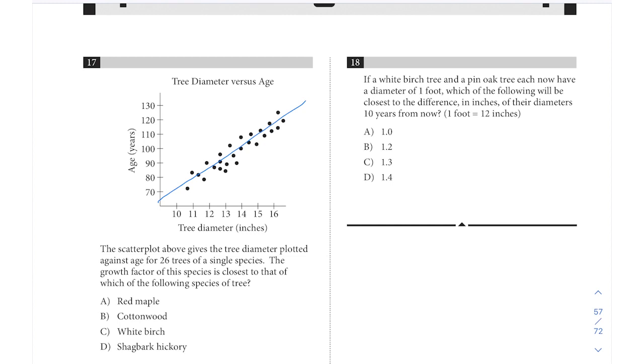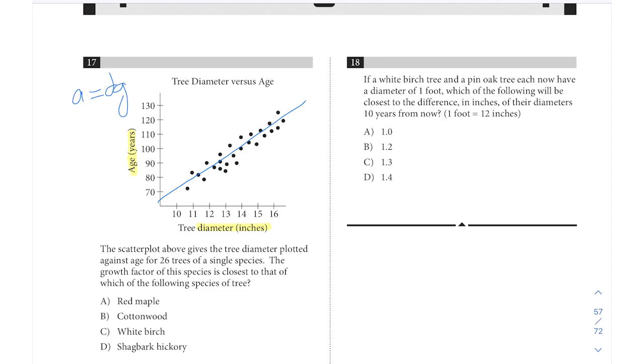Here, to solve for growth factor, because we are given in the table diameter in inches, again, we don't have to do a conversion, and we're also given age, which means that when we plug into our same old formula, A equals diameter times growth factor, we're trying to solve for growth factor. Once we have a good idea of what that growth factor is, we can look it up in the table to see which tree species that matches.